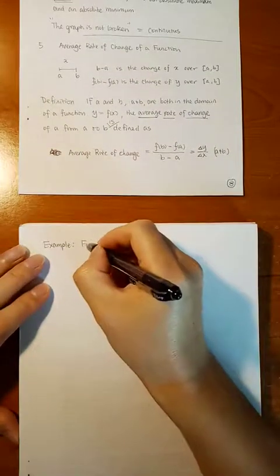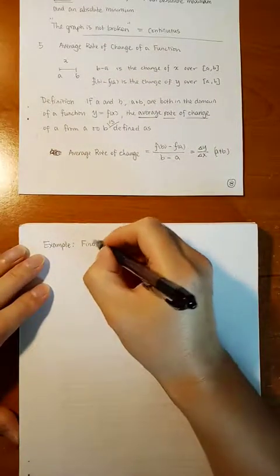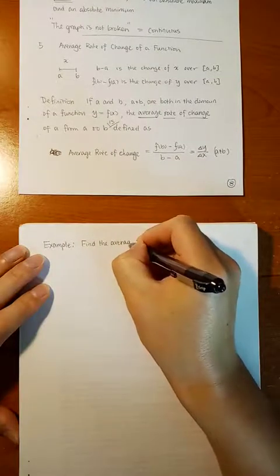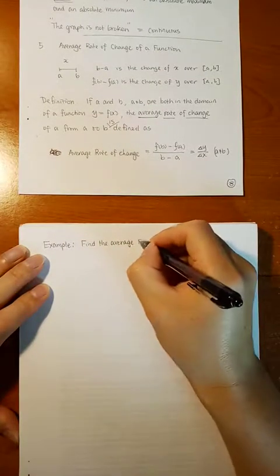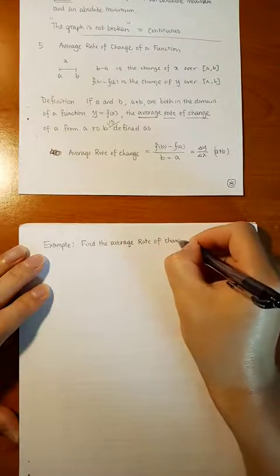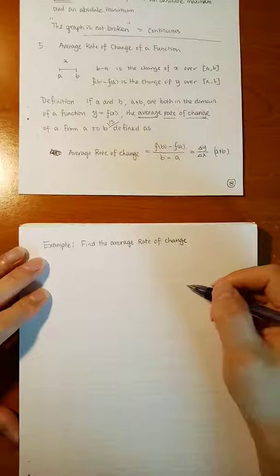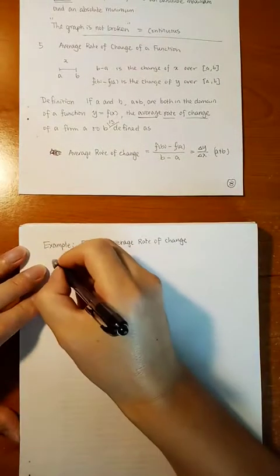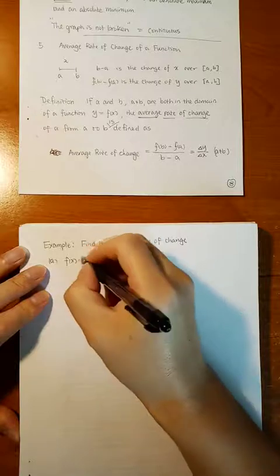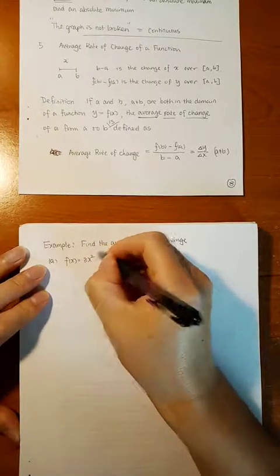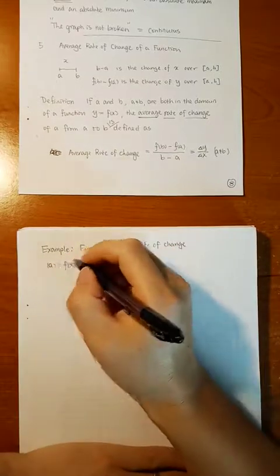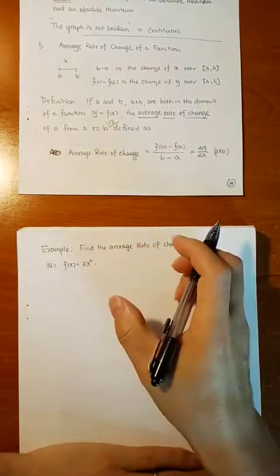Find the average rate of change here. Fx is 3x squared. It depends on the domain, the interval.